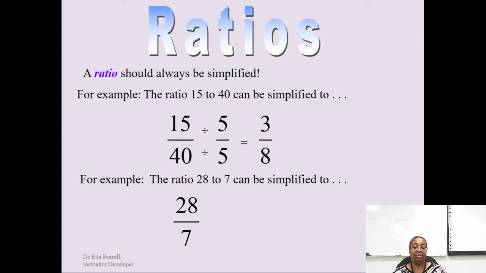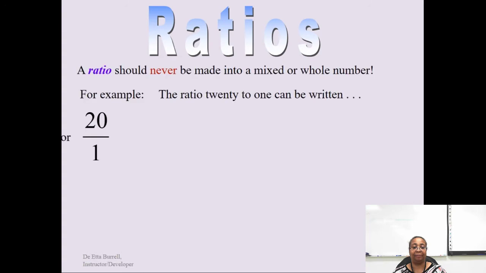So I can reduce 28/7 by 7, and I'm going to leave it as 4 to 1, because you have to have that comparison. You're not going to just use the number 4, okay? A ratio should never be made into a mixed number or a whole number.